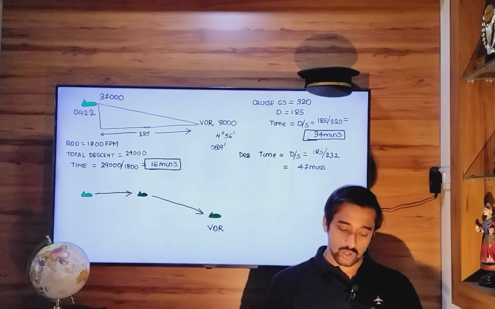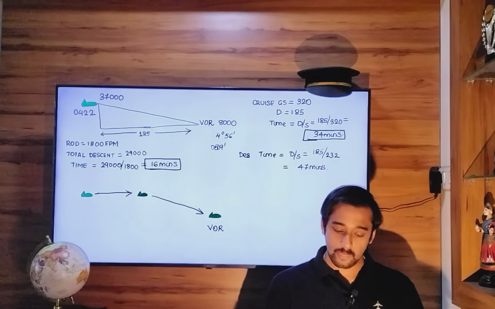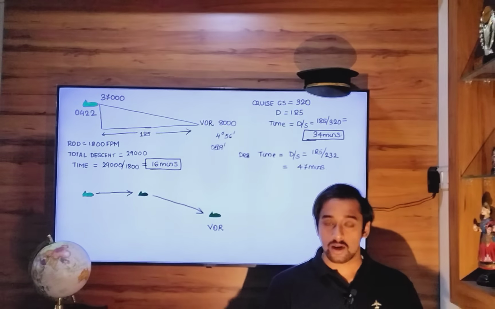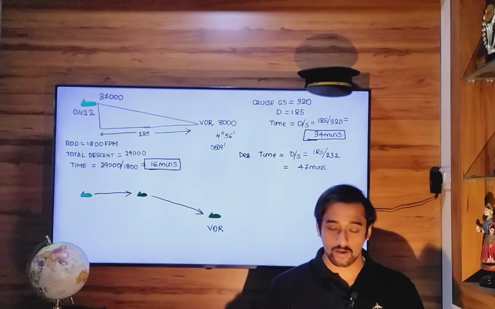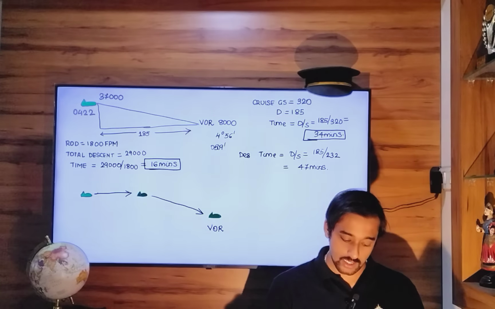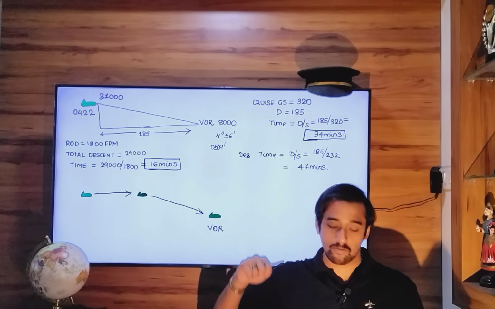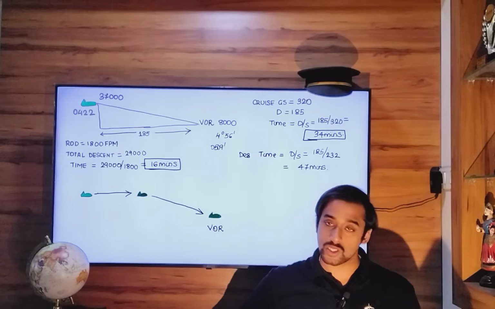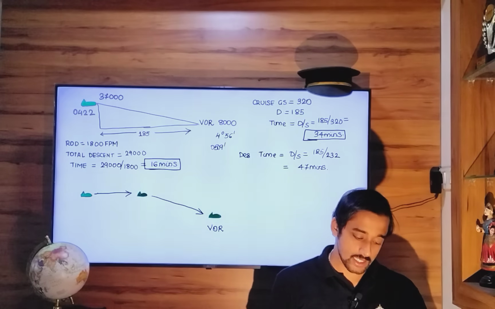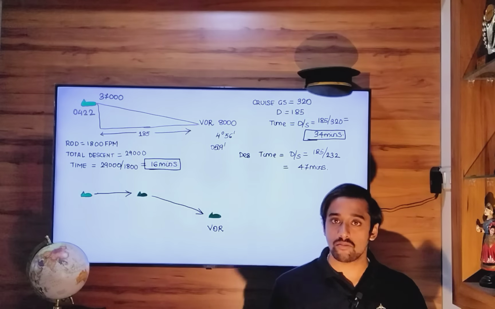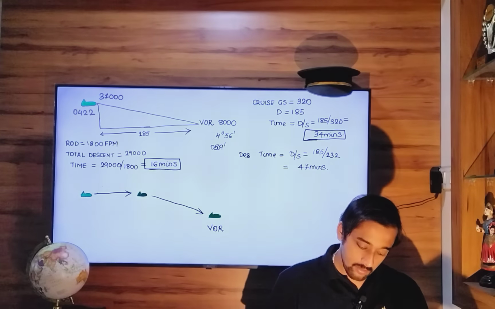Okay. So total cruising time is 34 minutes. Out of those 34 minutes, 16 minutes will be spent in descending. So 34 minus 16 is 18 minutes. So first 18 minutes you should cruise.